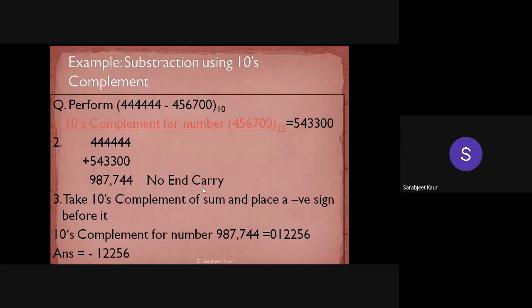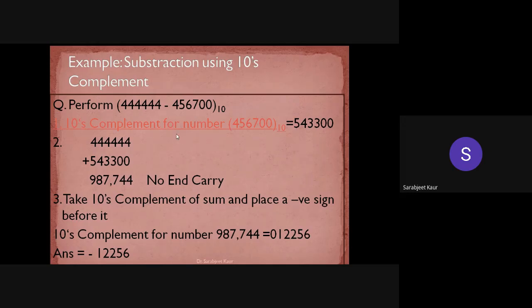Since there is no end carry, I must again take the tens complement of this number, which is 012256, and for my final answer I must place a negative sign before it. Okay, so this is my final answer. Is this okay? Again, you can check this computation on the calculator.